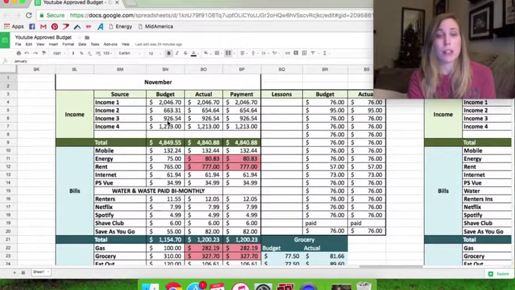Right here in the budget column, for income number 3 I usually have around $250 or so, so we definitely had a lot more this month. That's awesome. You're going to see it's slightly less than the actual and the payment category, only because of the few dollars that were lower in income number 2. So right here, our total for income this month is $4,840.88.